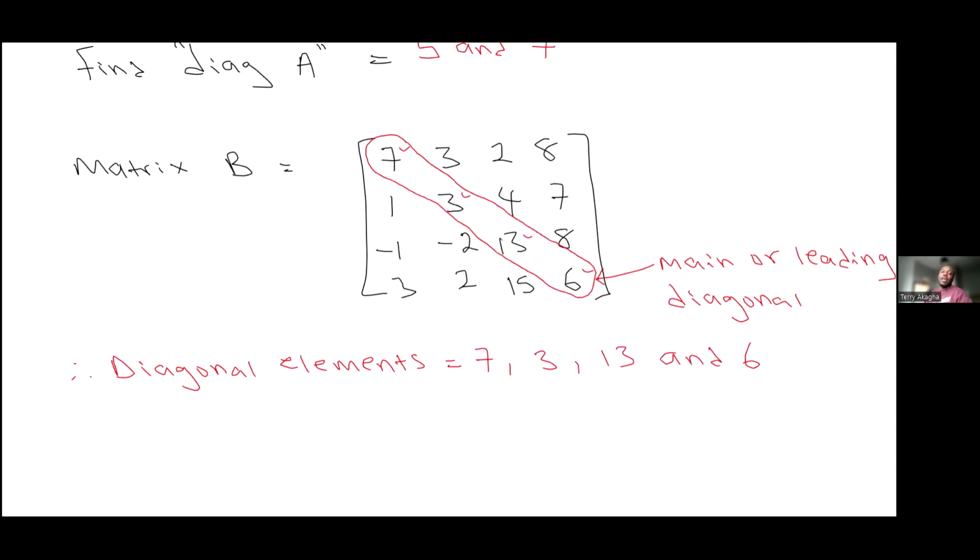But that's not what we were talking about here. We're talking about the upper diagonal. The upper diagonal elements are the numbers that are above the diagonal.